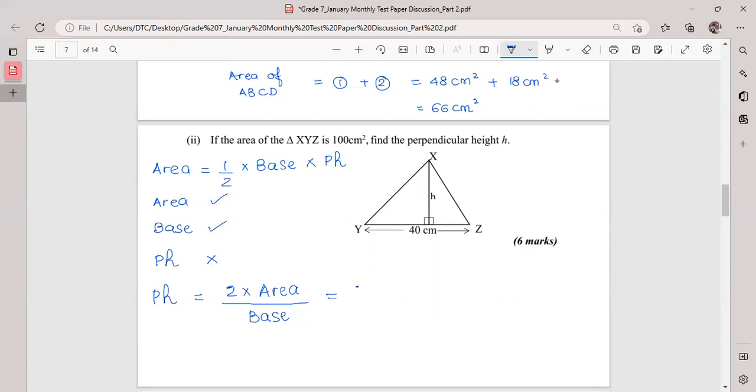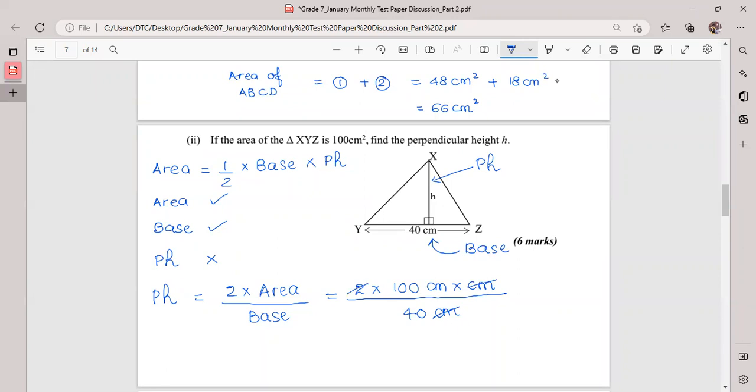Then I can substitute the values, children. 2 times 100 centimeter squared. See how I am writing centimeter squared also. Then because I can cancel the units, here it becomes 40 centimeter, because this will be the base, right? And this will be the perpendicular height. Okay. So then the centimeter and centimeter you can cancel.